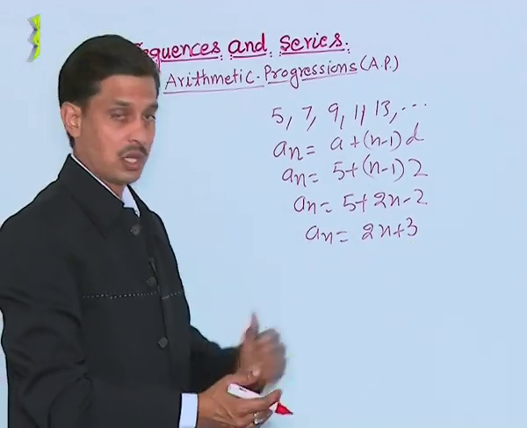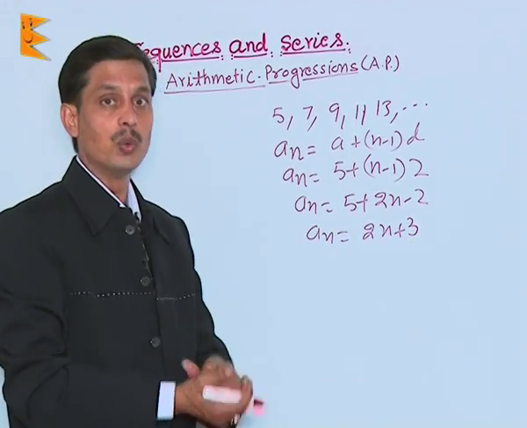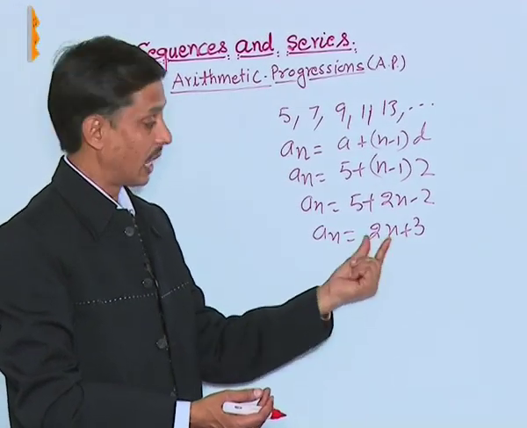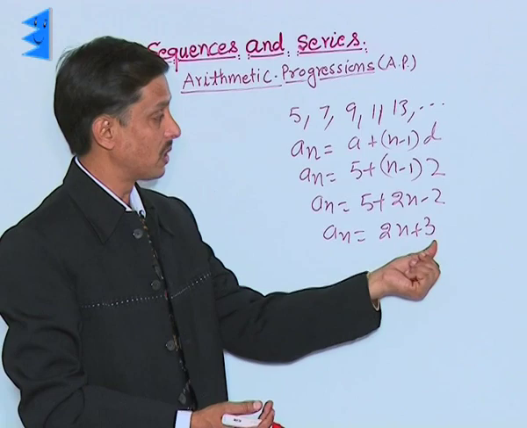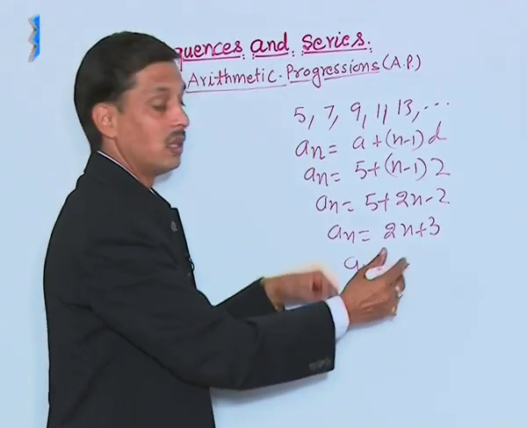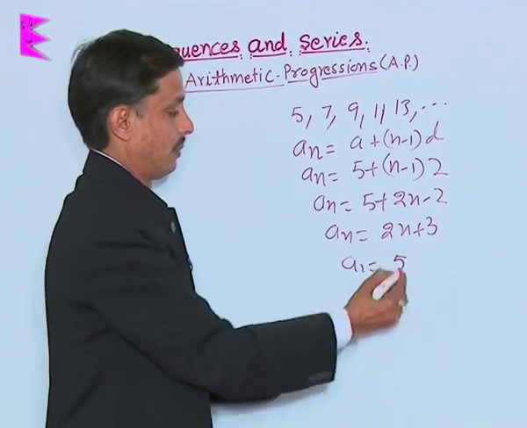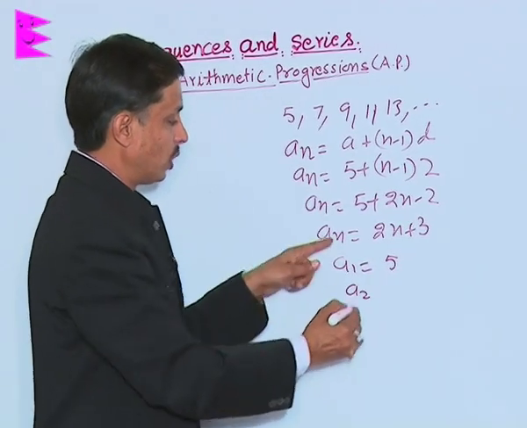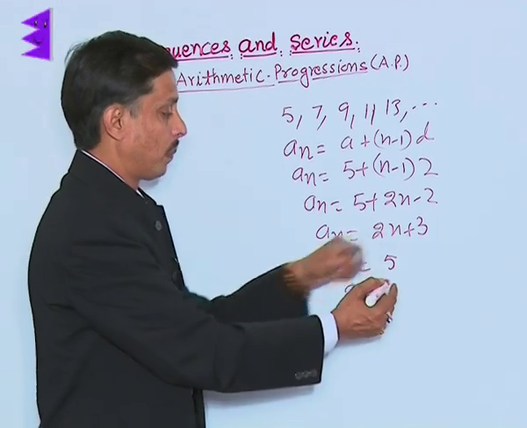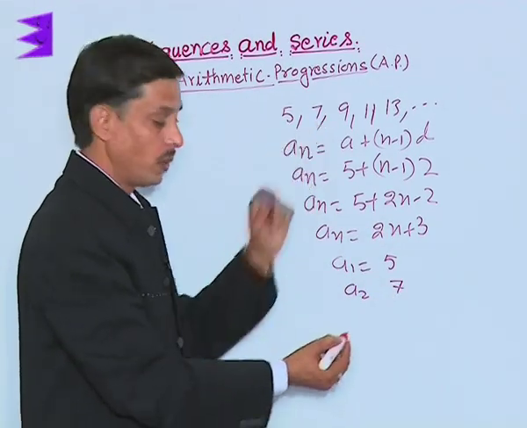What is the use and what should we conclude? If I put n equal to 1, I get 2 into 1 is 2, plus 3, 5. The first term, a1, will be 5. If I put n equal to 2, a2 will be 2 twos are 4 plus 3, 7, which is true.